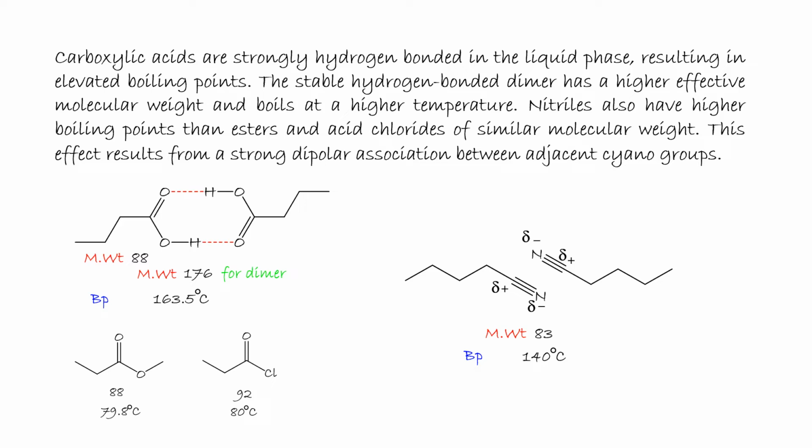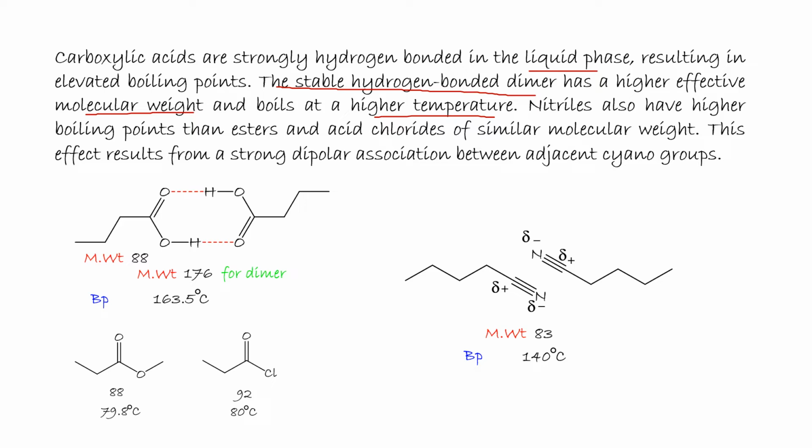On the other hand, carboxylic acids are strongly hydrogen bonded in the liquid phase, resulting in elevated boiling points. The stable hydrogen bonded dimer has a higher effective molecular weight and boils at a higher temperature. Nitriles also have higher boiling points.